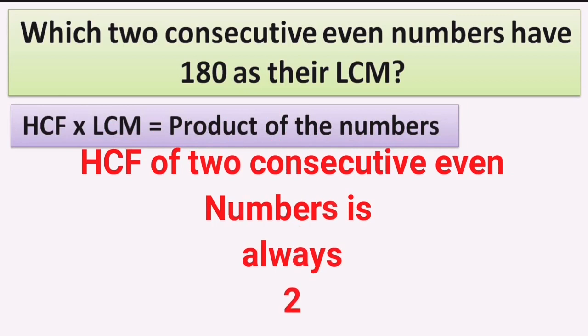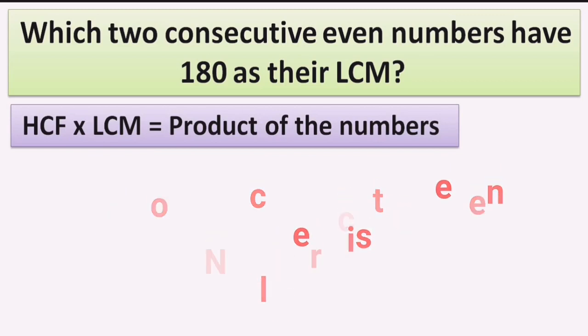My dear children, always keep it in mind, it's a property of consecutive even numbers that their HCF is always 2. 2 is the HCF of consecutive even numbers. Always keep it in mind. So according to the property, we can say that HCF is 2, the expected LCM is 180, and we can easily find the product of the numbers, right?